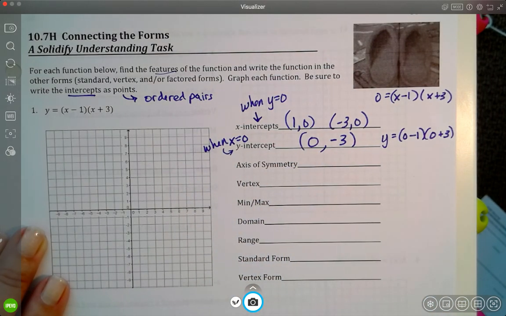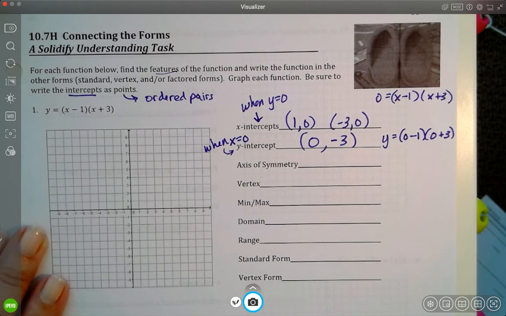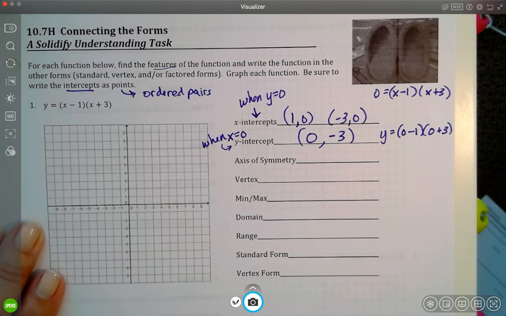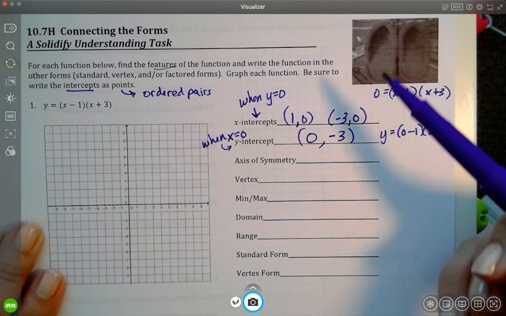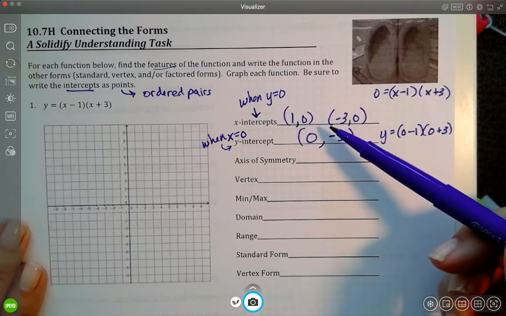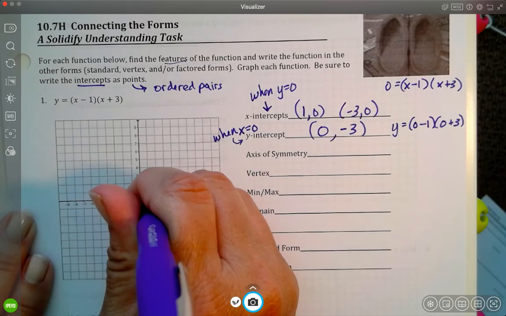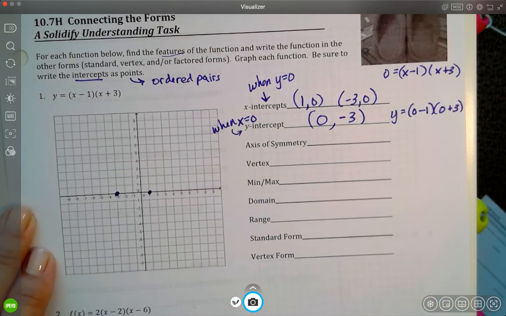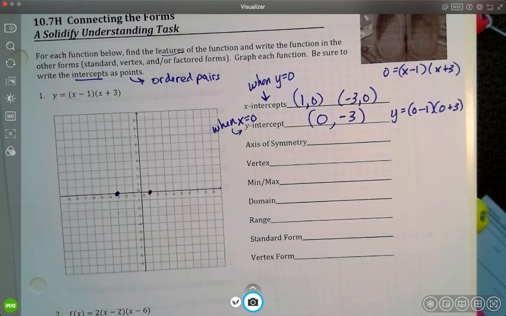Axis of symmetry. There's a couple ways you can find the axis of symmetry. You can first find your vertex, and then you know the x value is the axis of symmetry. But another way is to think about your x-intercepts. My x-intercepts here are (1, 0) and (-3, 0). Doesn't the axis of symmetry have to be exactly in between them?